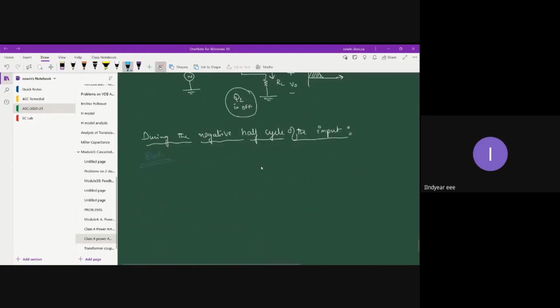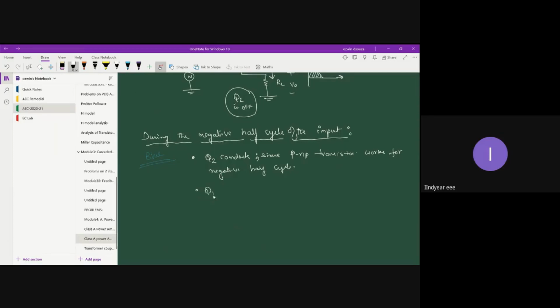So during negative half cycle, let me write Q2 conducts, since PNP transistor works for negative half cycle. Q1 doesn't conduct.